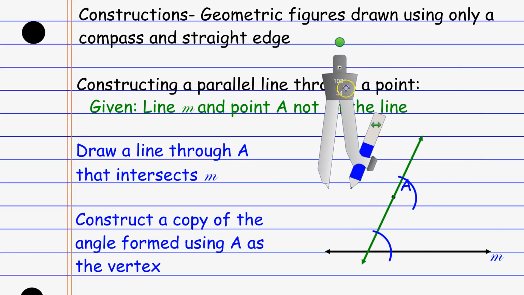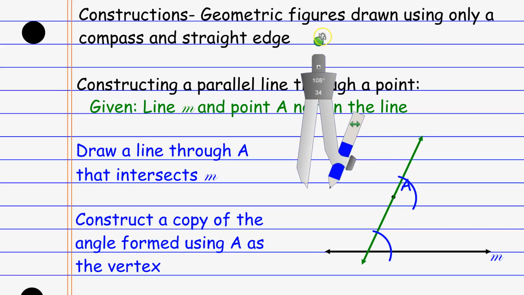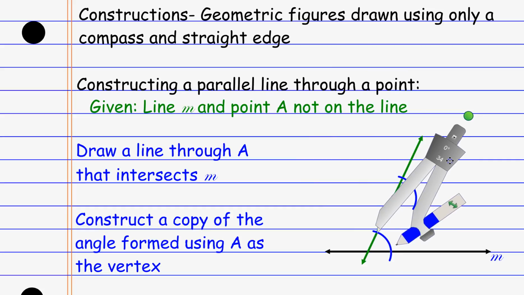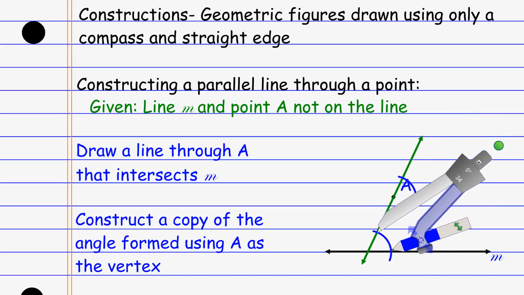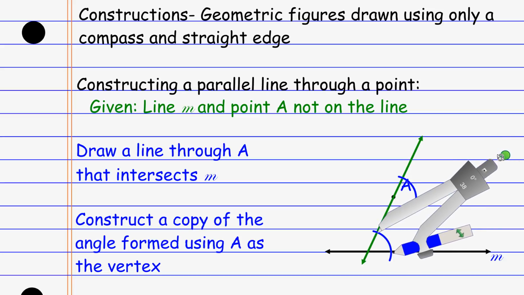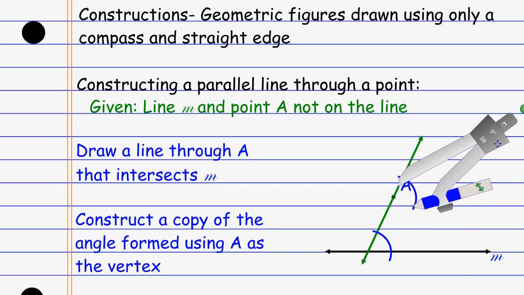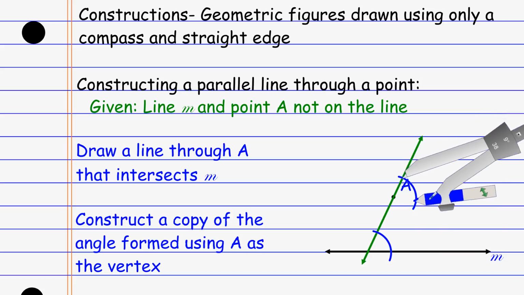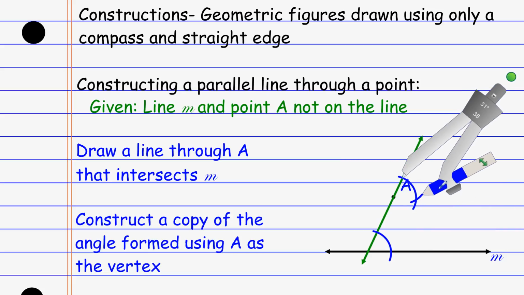Now from here I have to measure across that arc. So when I come back down here, I put my compass on one point of intersection from the arc, and then put the other end on the other point. I'm pretty close here. Let me extend this just a little bit. Alright, so I measure across that arc, and now I just transfer that measurement up top here. I put my compass on that point of intersection, and I transfer this measurement up here.